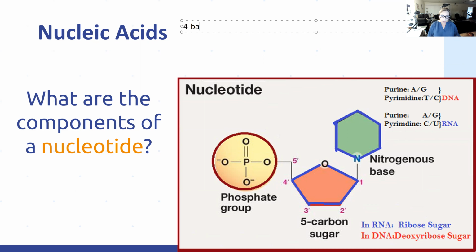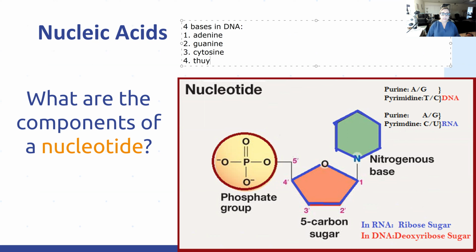So 4 bases in DNA: adenine, guanine, cytosine, and thymine. You do need to remember these names. So when you're looking at a nucleotide, that base can be one of those 4 different types of bases.